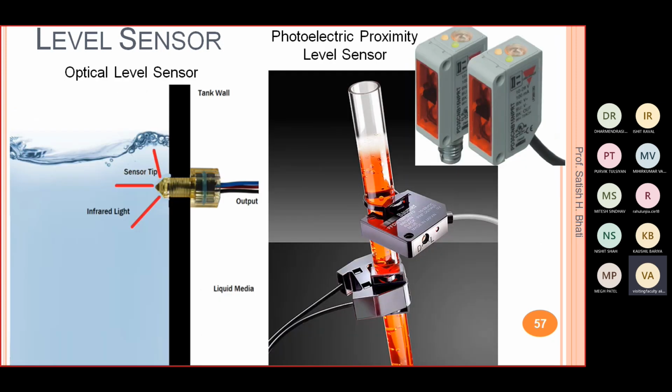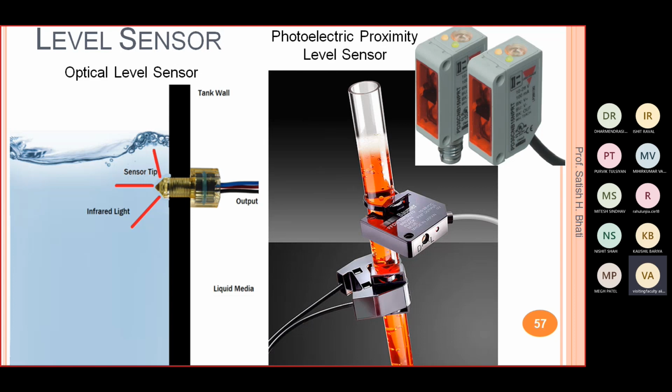Here in the second figure you can see some kind of sensor attached or put around a tube. You can see there is a transparent tube, right? Whenever the liquid reaches that point, that sensor will tell you that the liquid has reached that point, right?